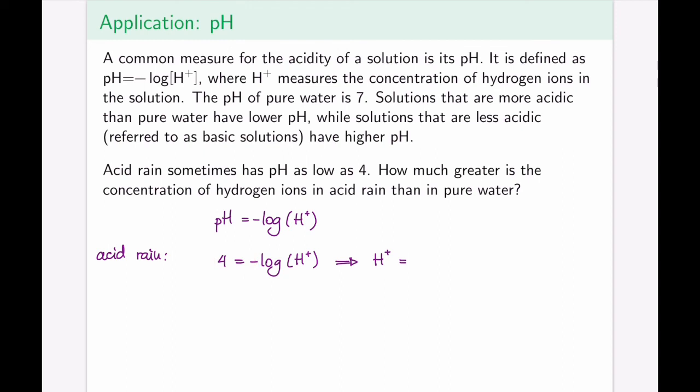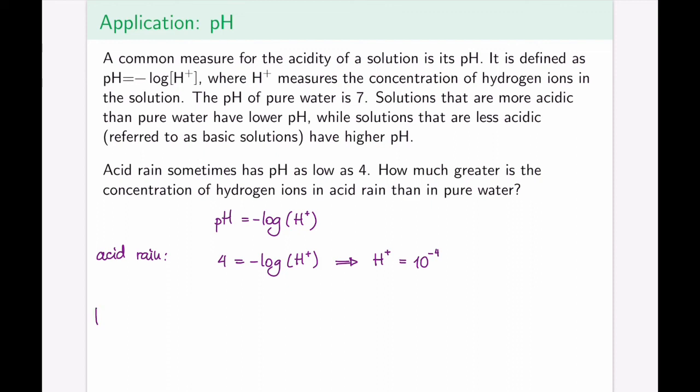I'm actually going to go with the easiest choice of 10 because this is logarithm base 10. So I'm going to raise both to power of 10, remembering that then these two functions are actually inverses of each other and will cancel out. So overall here I have that the concentration of hydrogen ions in acid rain is 10 to the negative 4.